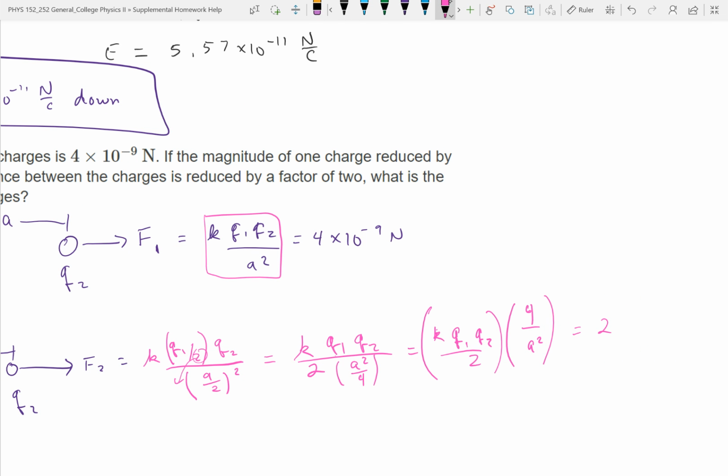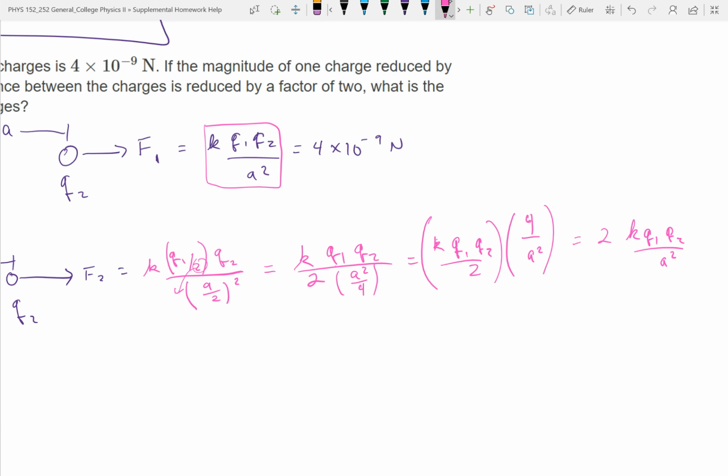So that's equal to 2 K Q1 Q2 over A squared. But what was K Q1 Q2 over A squared? 4 times 7. So it would be 2 times that? Yes, which turns out to be 8.